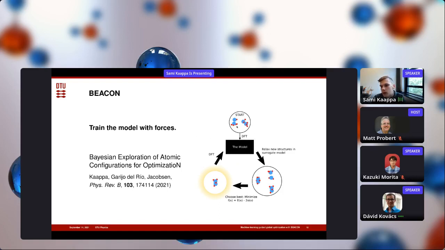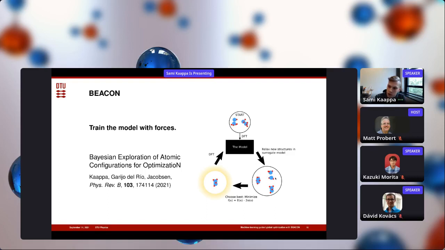So we start with some DFT calculations here, and we evaluate the forces and energies for those structures, and then we can train the model with that data. After that, we create some random structures in some special way, and we can relax those structures using the surrogate model.